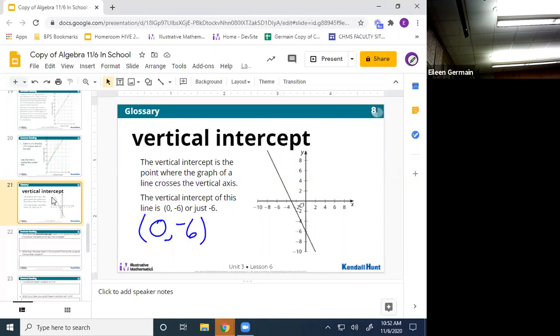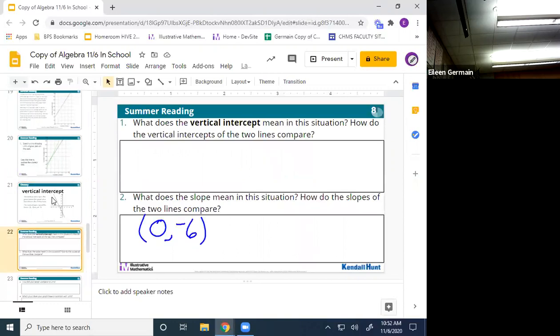So, using what we know about this idea of a vertical intercept, or I'm probably going to use it more as a y-intercept, in this story about Lynn's summer reading, what does the vertical intercept mean? We're looking at question number 2. What page she started on?